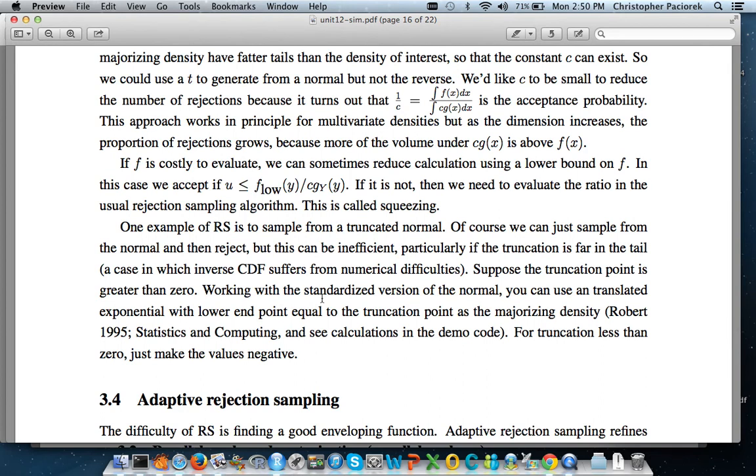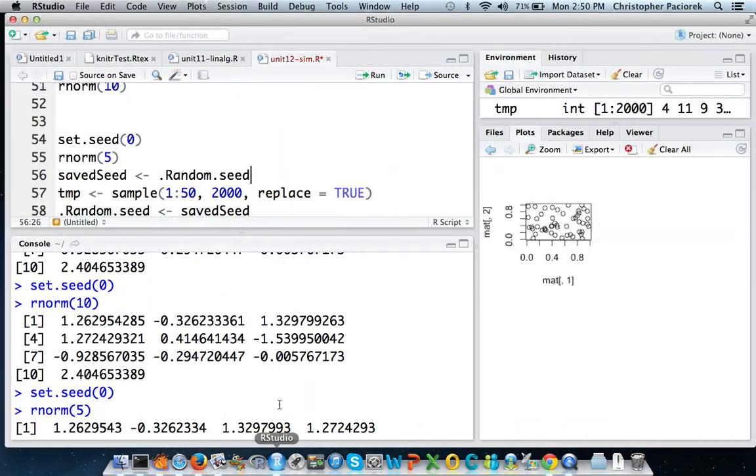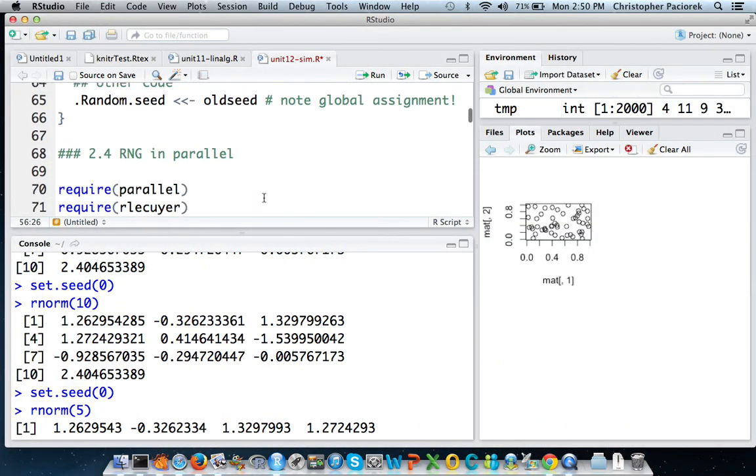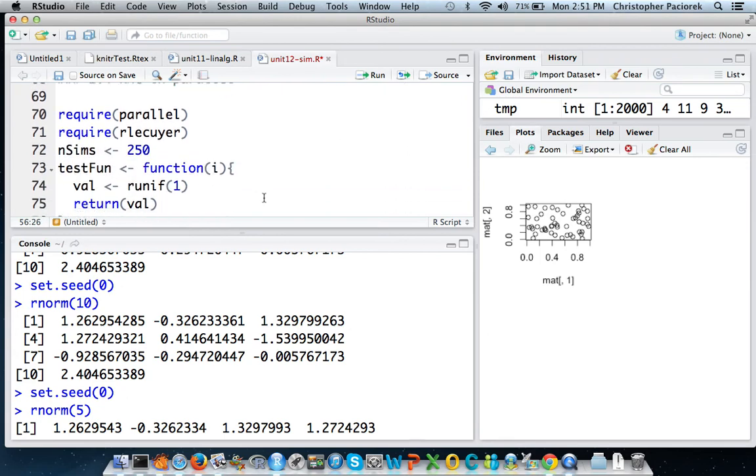All right, so let me show you a little example here. In the integral relation over C, that only holds true if g of x has the same shape as f of x. Well, G is always going to be a density. This was G if I scale it up by C in some fashion to make sure it's over f everywhere.